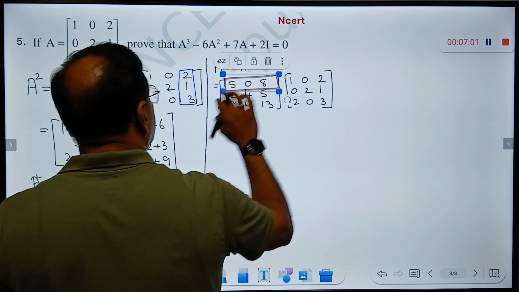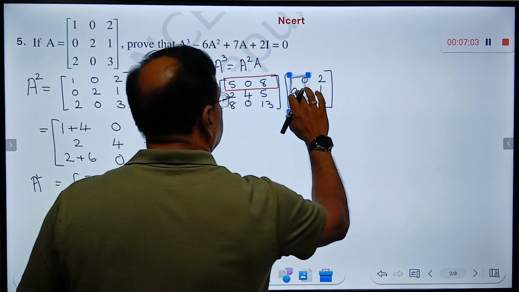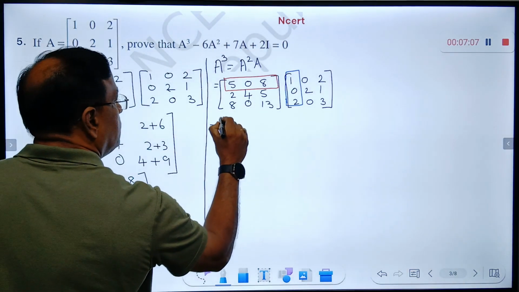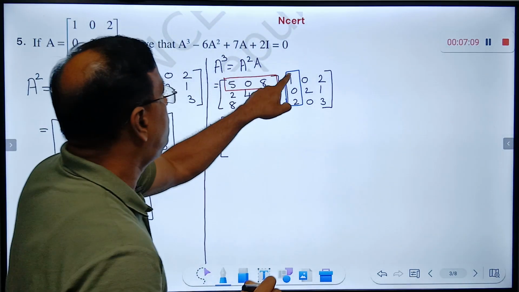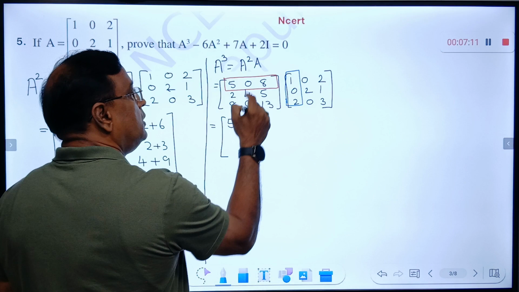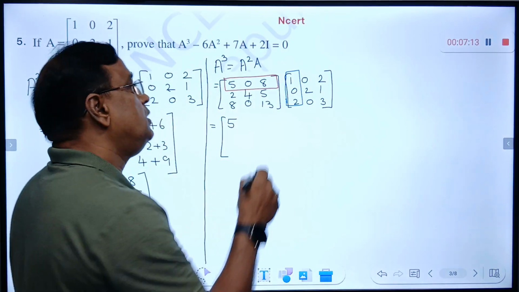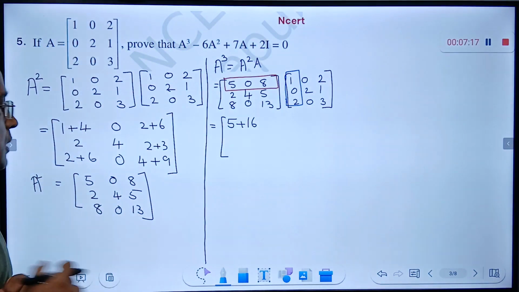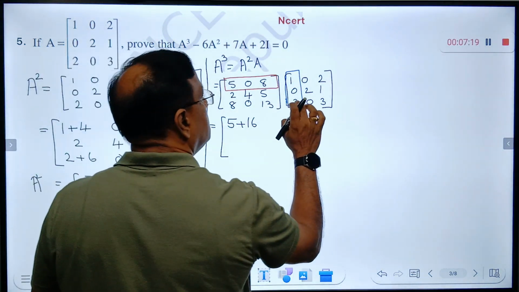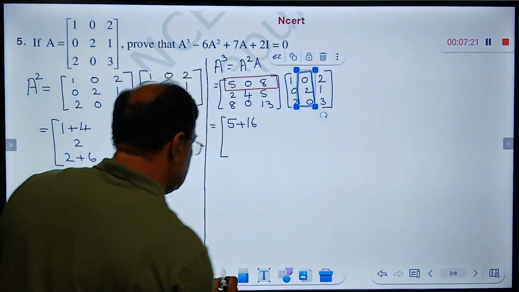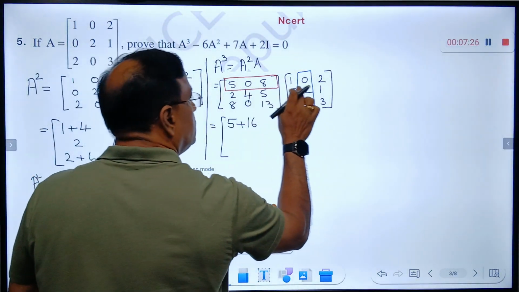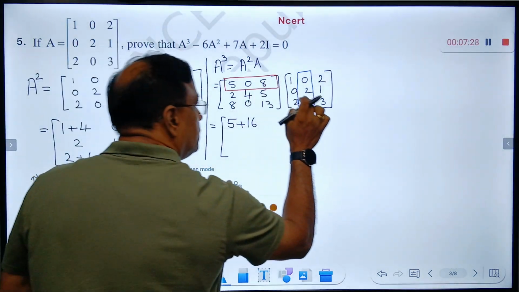Now, as usual, take this and put it here, and bring this and keep it here. Tell me, it's easy. First row, first column: 5 into 1 is 5, 0 into 0 is 0, 8 into 2 is 16. Now shift to the next column: 5 into 0 is 0, 2 into 0 is 0, 8 into 0 is 0.